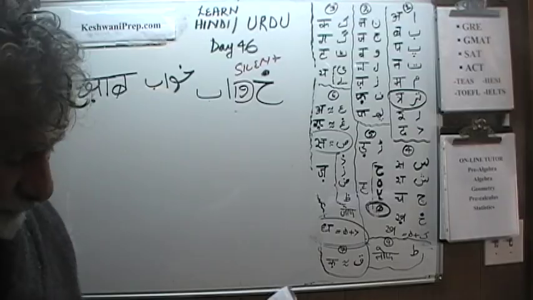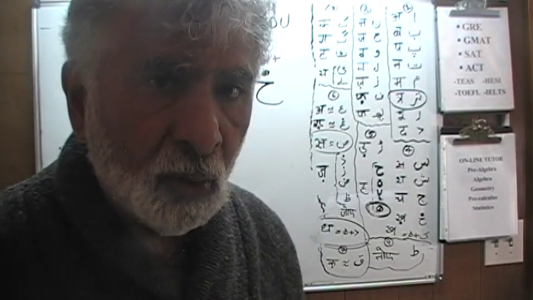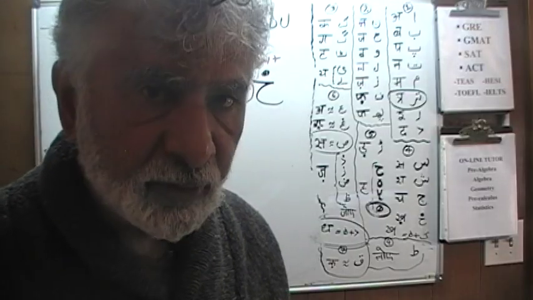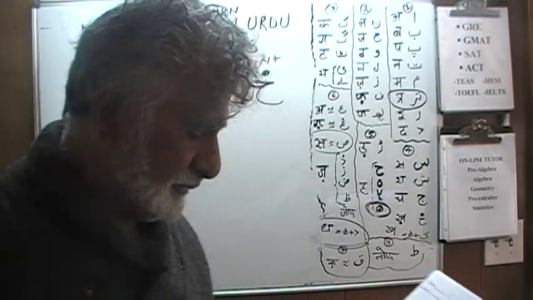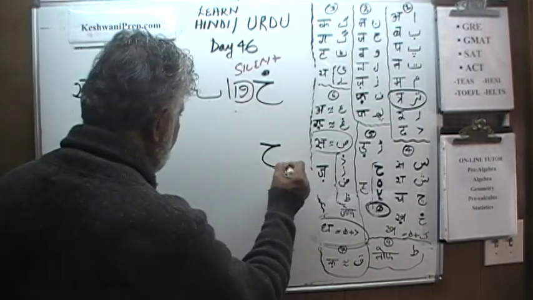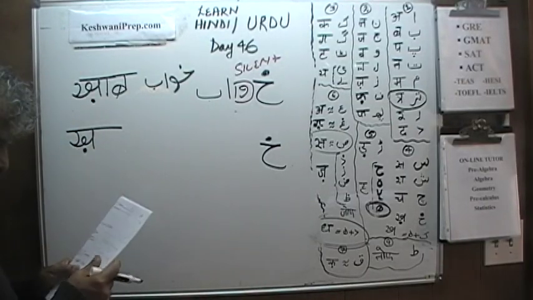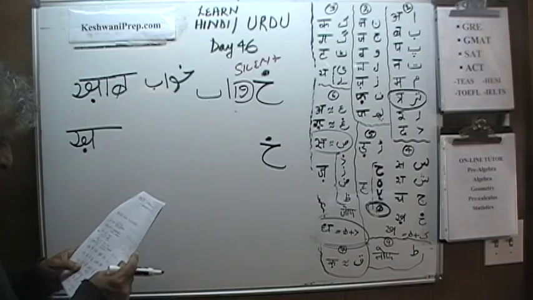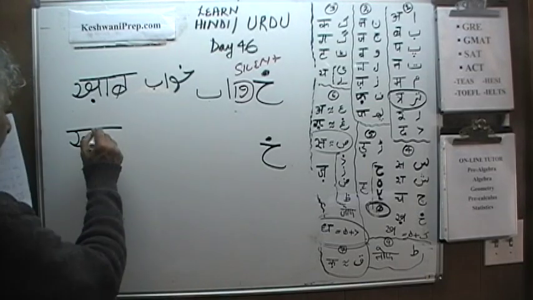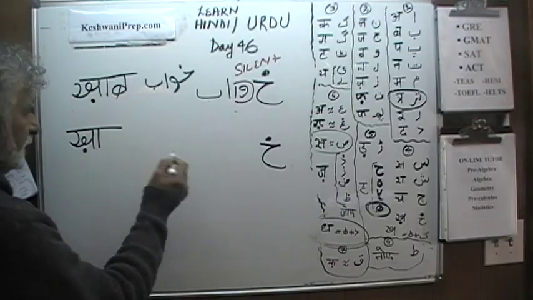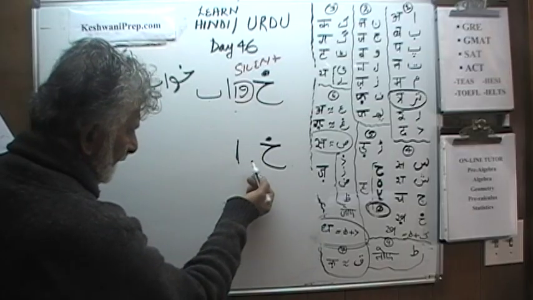I'm going to give you one more example because that's the whole point. We're not here to write the song, we are here to learn the language. The song is just a means. So let's not rush, let's learn the language properly. Let me give you another example of a situation where a vowel is silent. Again the same kh. Let's write the Hindi spelling first. So this is the kh, and I left room here because something is going to go in the middle.